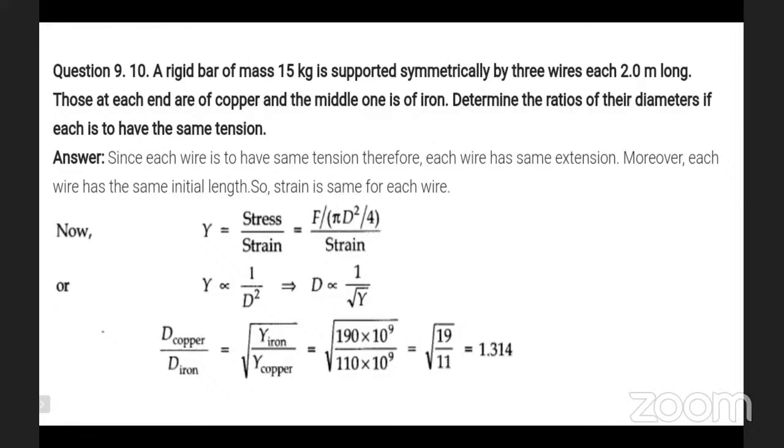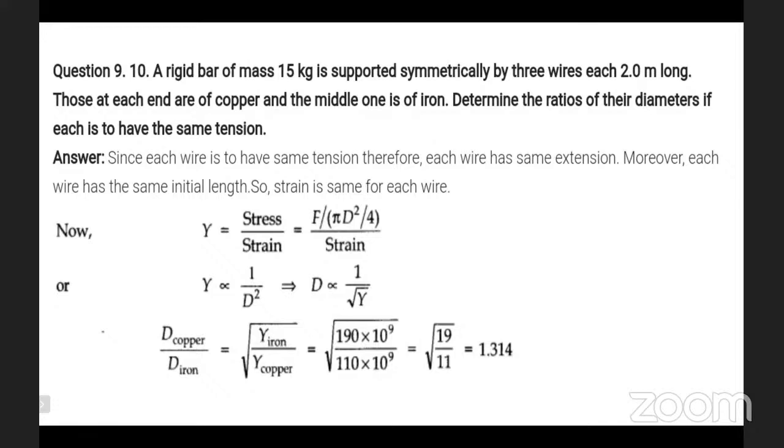So now we write Young's modulus Y equals stress by strain. That equals stress equals Y, F by A, where A means pi d square by 4, by strain. Y is inversely proportional to 1 by d square. That implies d is inversely proportional to 1 by root Y. So d of the copper wire and d of the iron wire ratio equals under root of Y iron by Y copper.